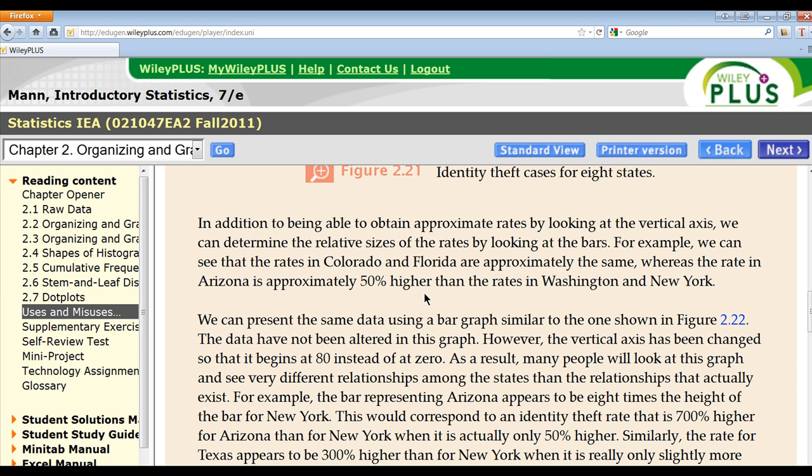However, we can present the same data using a bar graph similar to the one we just saw. The data have not been altered in this graph. However, the vertical axis has been changed so that it begins at 80 instead of at 0.